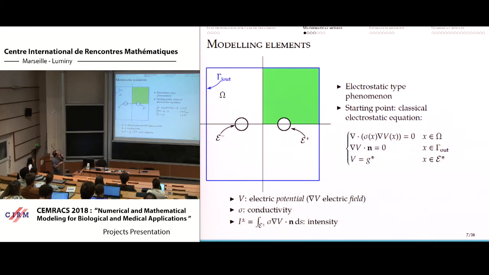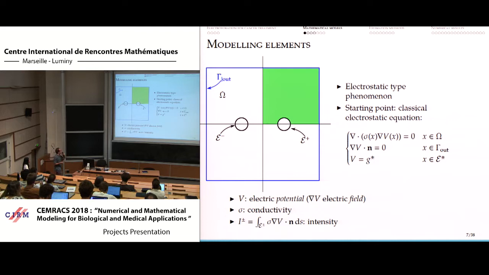Very roughly, what do our models look like? They are basically all electrostatic models. Our domain is something like this. We have the body, which has a boundary, and some electrodes.